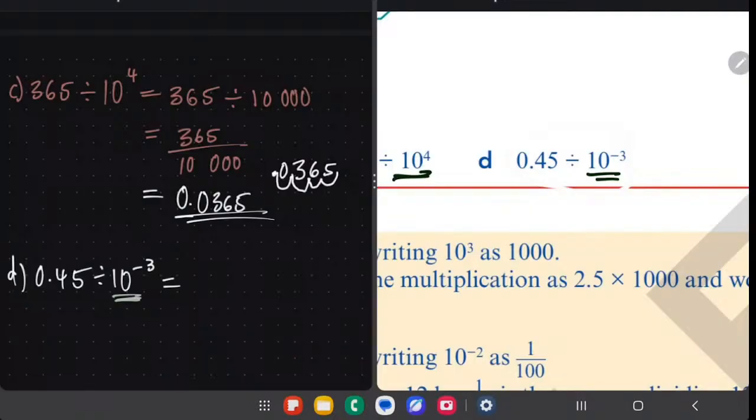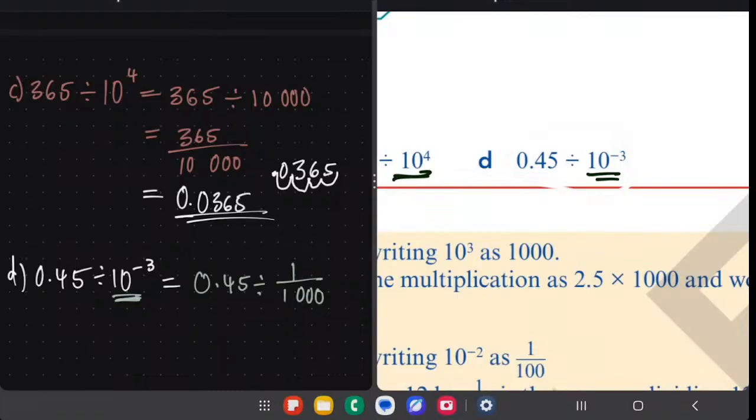You change this 10 to the negative 3 to a number. So it's 0.45 divided by 10 to the negative 3 means there are 3 zeros but in the denominator. So it's 1 over 1,000. So this is the first step. Now the second step is to now make it simplified so that we can see if we are moving the comma to the right or to the left.